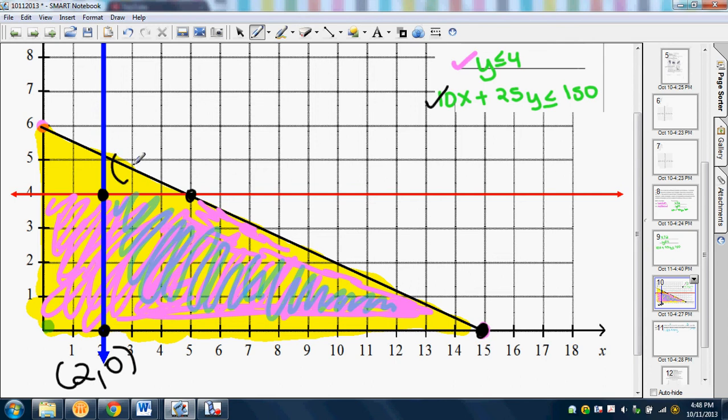Or she could do 2 bracelets and 4 necklaces. She could do 5 bracelets and 4 necklaces, or she can do 15 bracelets and no necklaces, and that still fits all the constraint criteria, okay? I'm going to plug in these 4 values for x and y to determine what the profit is. So these are 4 different scenarios.